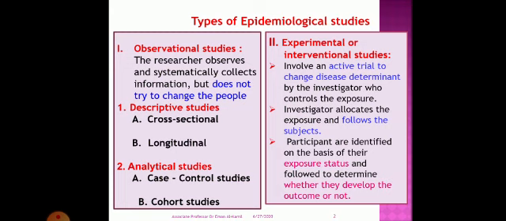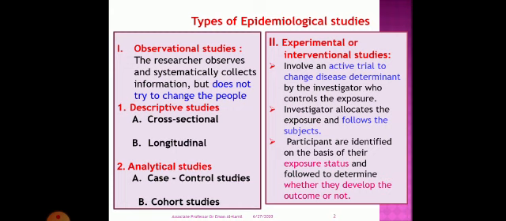In the analytical study, we are going to determine the cause of the disease, or study the association between the cause and the outcome, between the exposure to a certain risk factor and the outcome. So analytical studies are comparative studies.